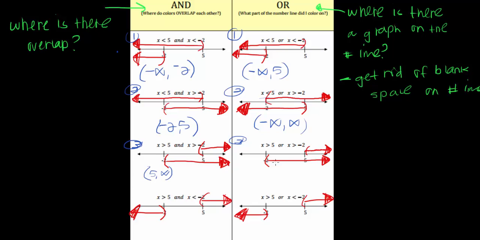And then for our or portion, we're looking for where there is a graph on this number line. Get rid of the blank space. Well, I can see that I have blank space right here from -infinity to -2. And so that sort of helps me out because now I can say I clearly have a graph from -2 till infinity. Now, I do have overlap from 5 to infinity, but or doesn't care about overlap, so we don't have to worry about it.